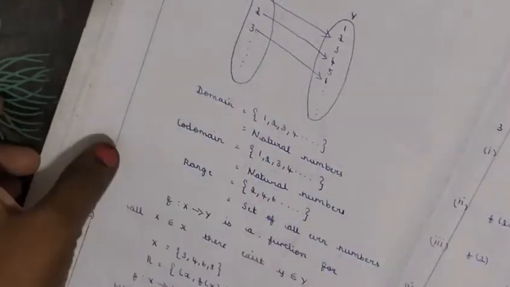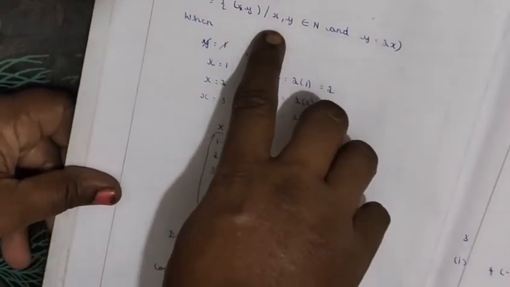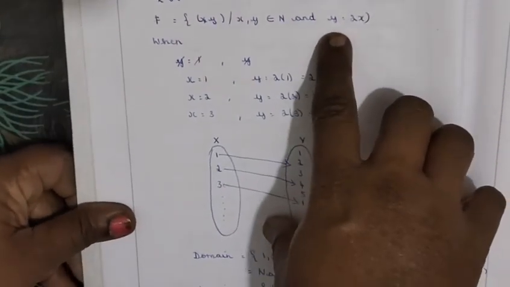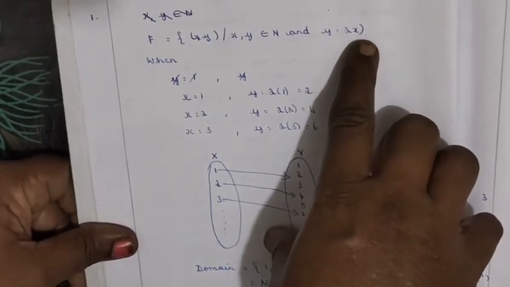Now we have to find, for all the values of x, the value of y with the formula y equal to 2x.